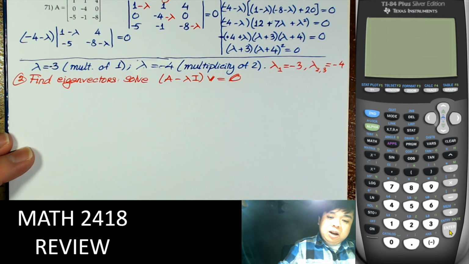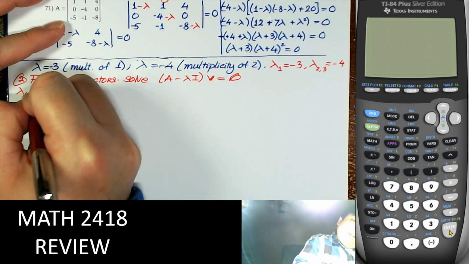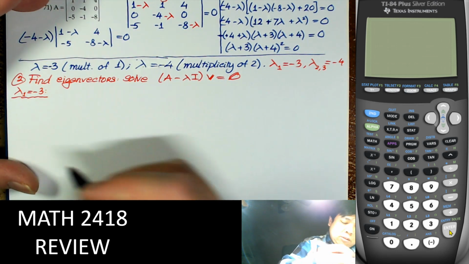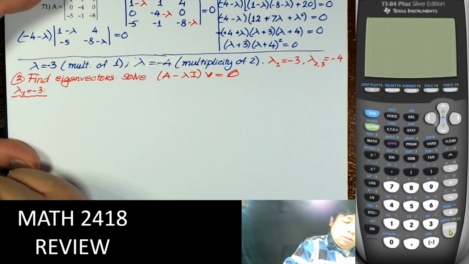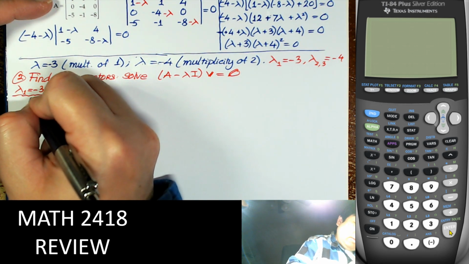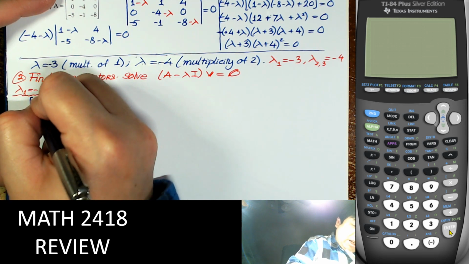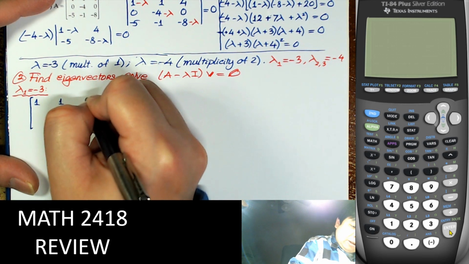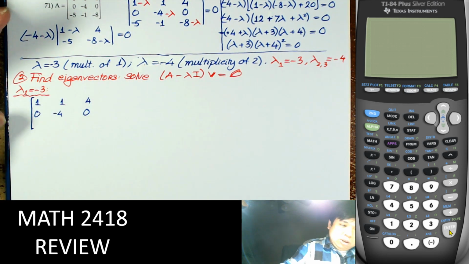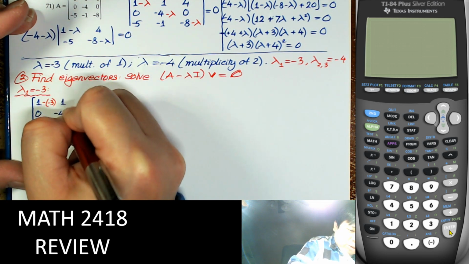First for the eigenvalue, negative 3. So I have the matrix A. Just need to subtract the lambda from the diagonal entry.